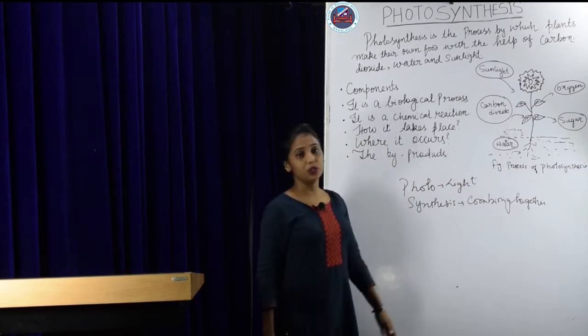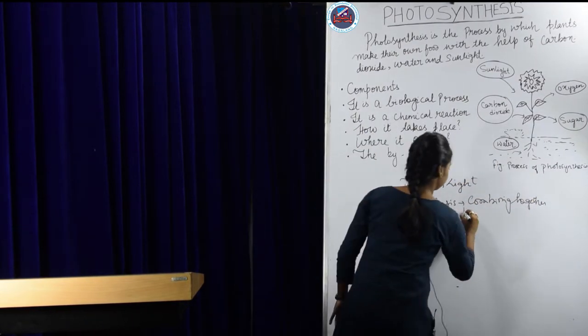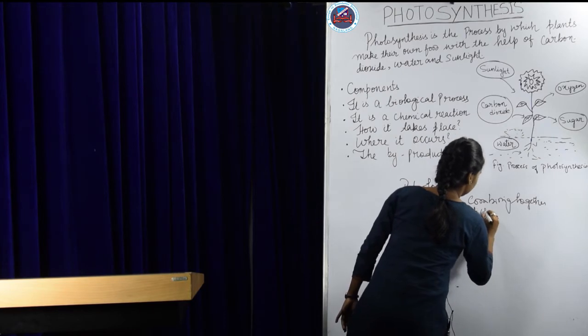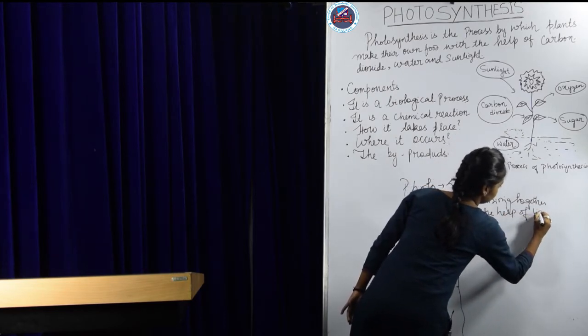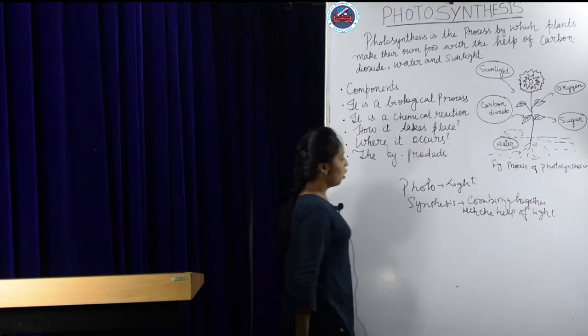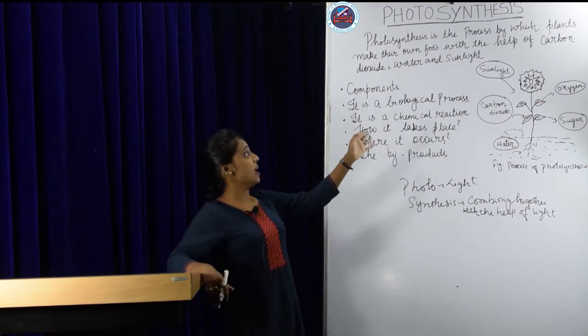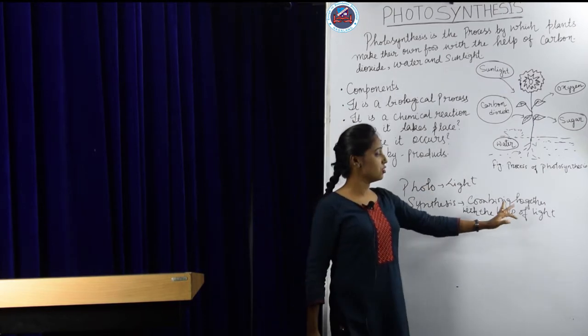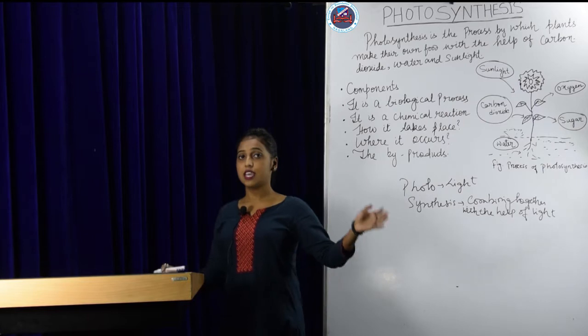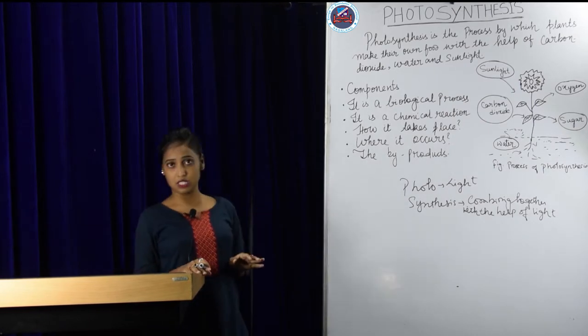Combining together with the help of light. So, the word photosynthesis, as I said, photo means light and synthesis means combining together with the help of light. This is the derivation of the word photosynthesis.